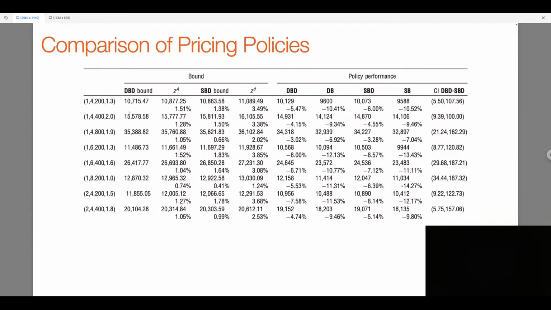And then we do a comparison among different pricing policies. Here, DBD is short for the dynamic buy price decomposition.